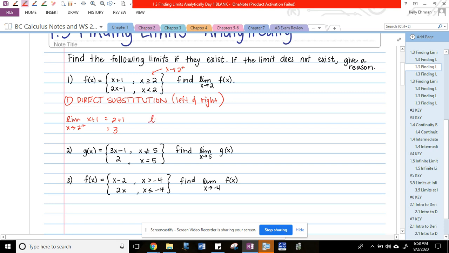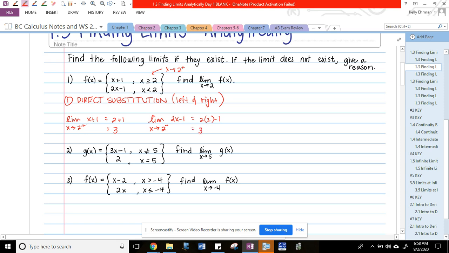We also need to check the limit as x approaches 2 from the left. Now, the second piece of the function, x value is less than 2. So that's like 1, 0, negative 1. So you would be coming up on 2 from the left if you're on this piece. So that function is 2x minus 1. When you do 2 times 2 minus 1, 4 minus 1 is 3.